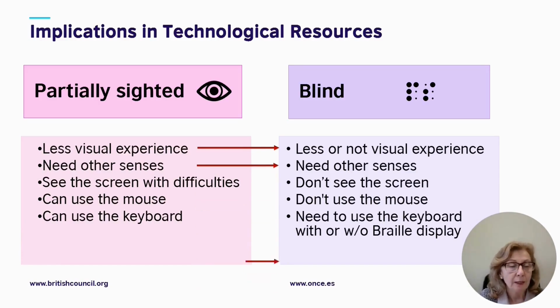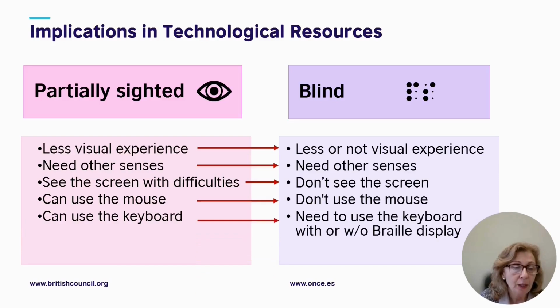The partially sighted can see the screen with difficulty, but bear in mind that the blind student doesn't see the screen at all. The partially sighted student can use the mouse. Maybe they use a magnifier or different kinds of colors and contrast, but they can use the mouse, while the blind student doesn't use the mouse at all.